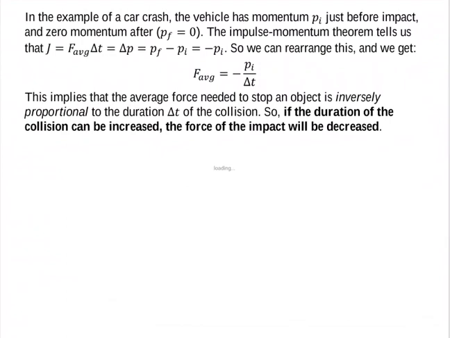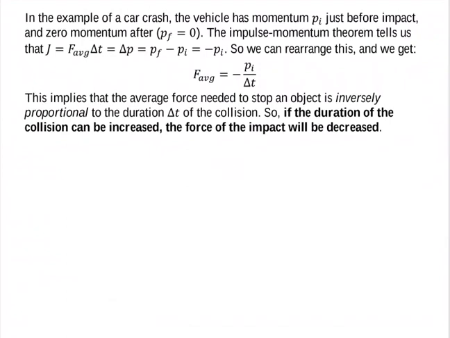So there you go. In the example of a car crash, the vehicle has momentum, P sub I, just before impact, and zero momentum, P sub F, right after.